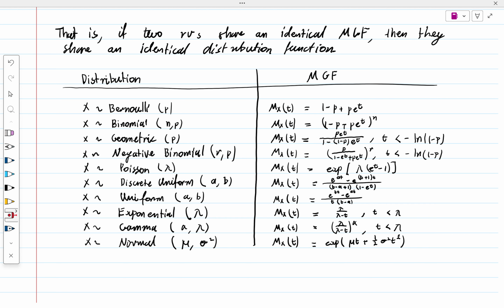I won't go through all of them in so much detail, but just as an example, if you have a random variable with Bernoulli p as your parameter, then the moment generating function that you derive becomes 1 minus p plus p e to the t, or say for the binomial distribution, we have this formula here, (1 minus p plus p e to the t) to the power of n.